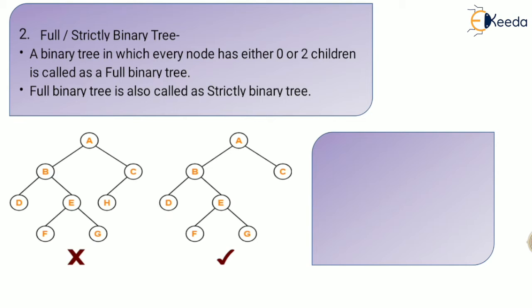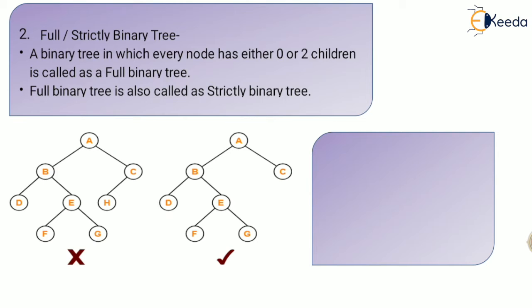A binary tree in which every node has 0 or two children. We cannot say at least, we only say over here 0 or 2, not at least. 0 or 2 is called a full binary tree.